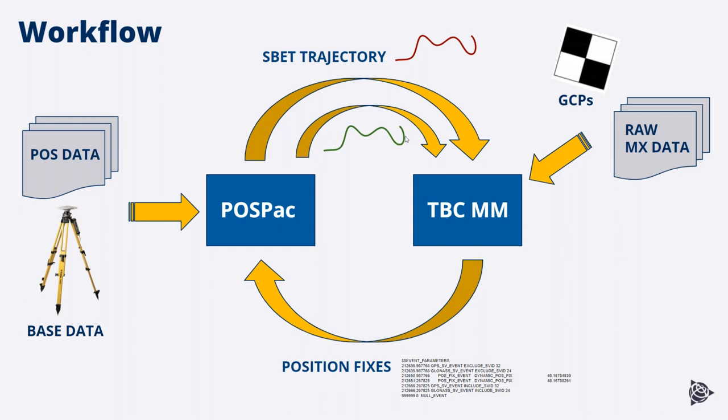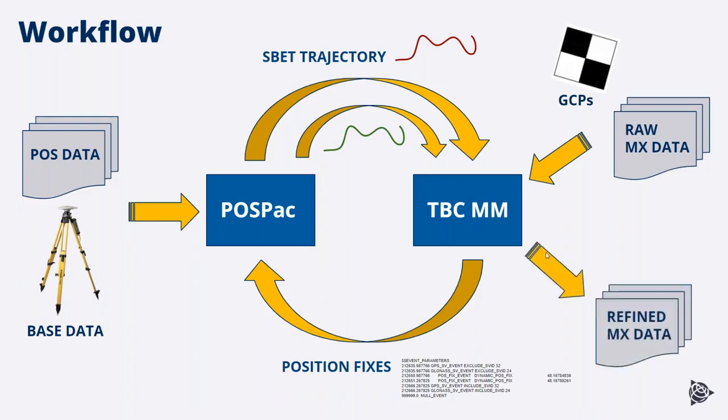Then after having this second, let's say, iteration of the trajectory, we can go out from TBC with refined MX data. This means that our initial data is much better than before, but then we can do all our usual steps. We can still register it again. We can colorize it. We can do run-to-run registration.